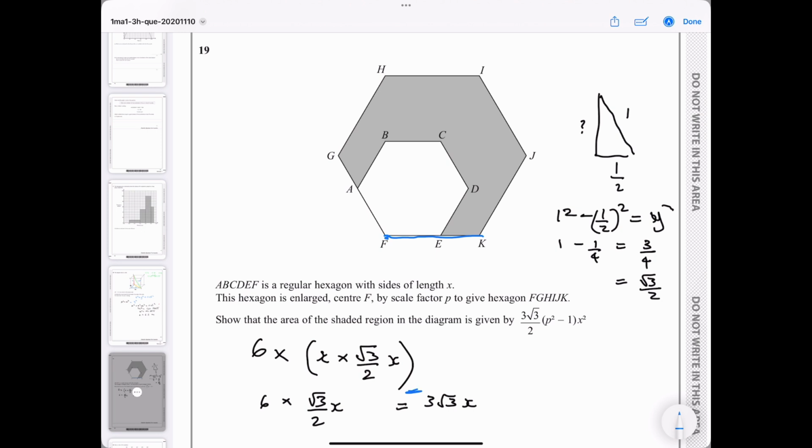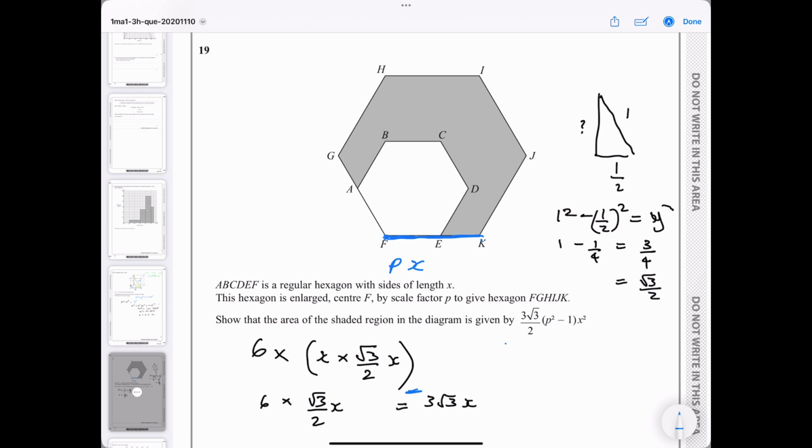So this bit here equals x, and then it's px. Okay, so we do all of that again with px to give us what F, K, J, I, H, G is.